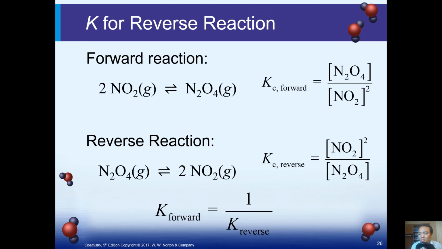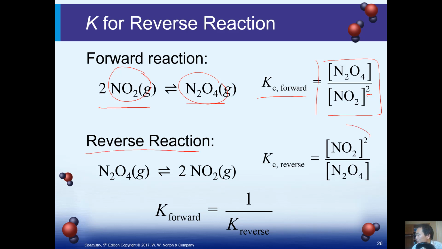For example, if you have a specific reaction like what we have discussed over here, the original reaction has a K expression as the products over the reactants, each raised to the corresponding chemical coefficient. For the reverse reaction, your K will have products over reactants.